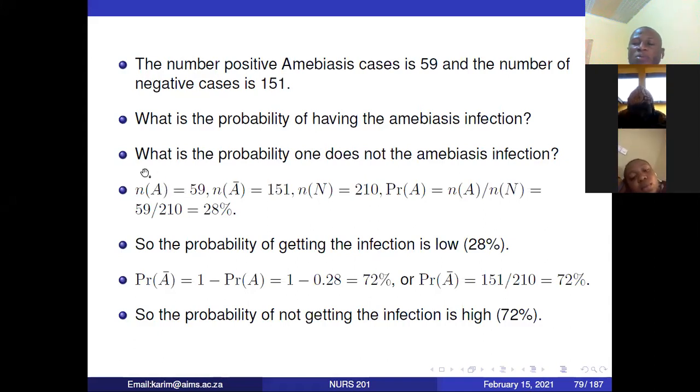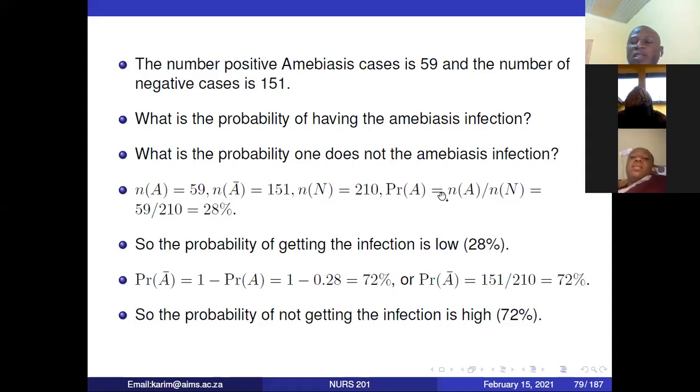The number of people with infection is 59. I'm using A complement to represent those who do not have the infection. The number of people without infection is 151, so the total number is 210.